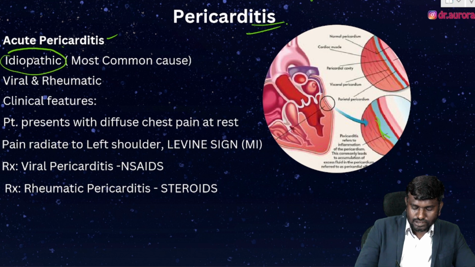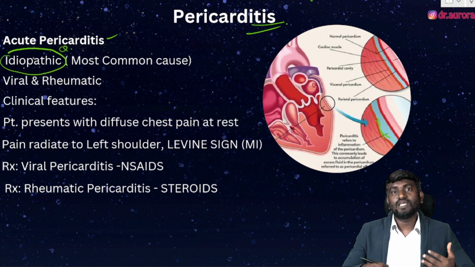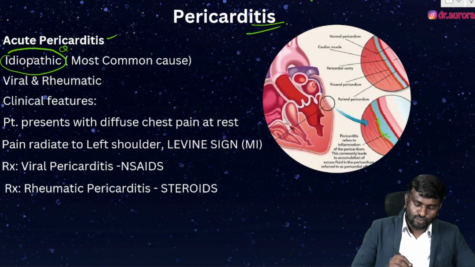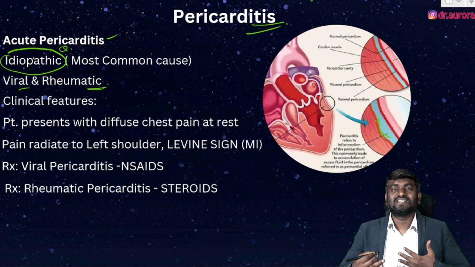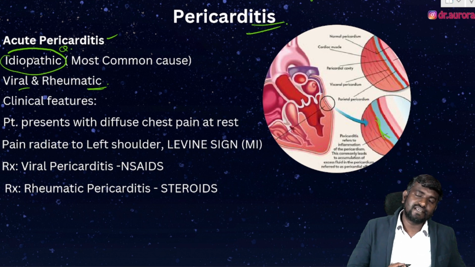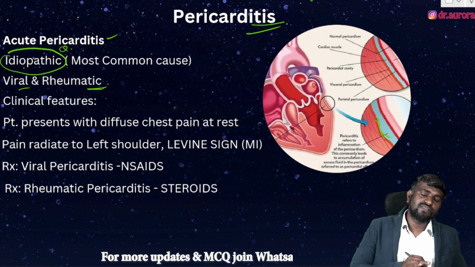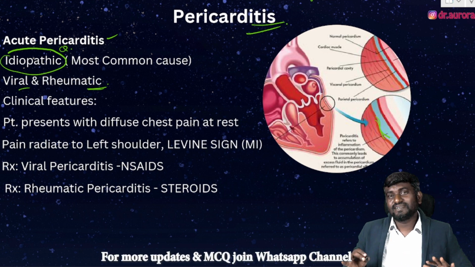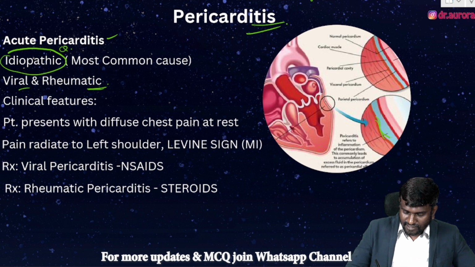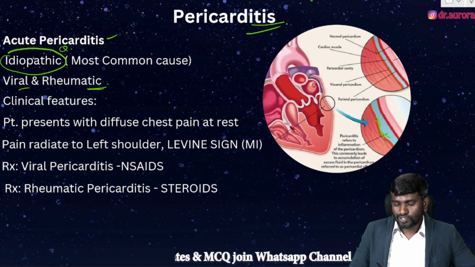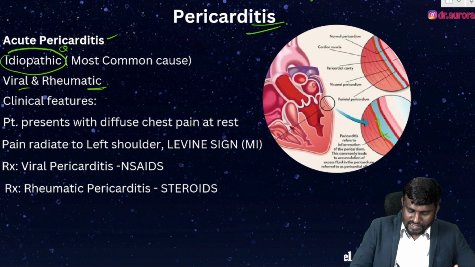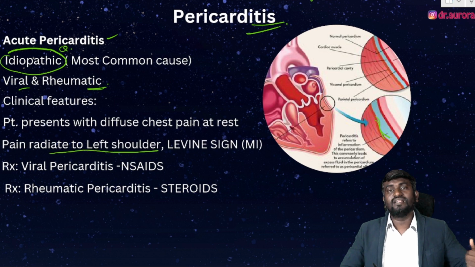Question 1 to remember. It could also be viral and rheumatic. The patient might present with chest pain at rest. Even when someone is sitting or resting, they are still having chest pain. It can possibly be pericarditis, especially when the pain radiates to the left shoulder.